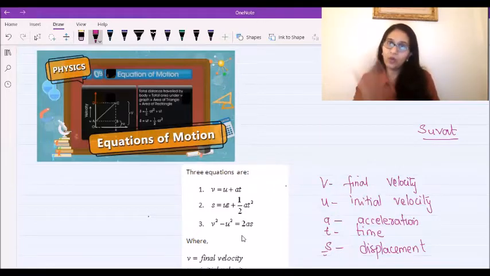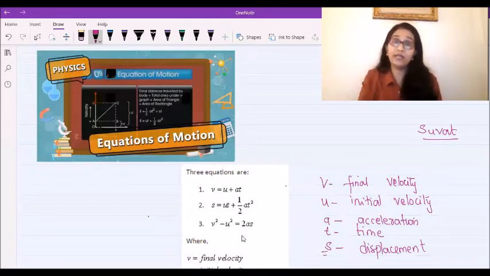We can adopt different methods for deriving these equations. But for grade 9 CBSE textbook, we are using graphs for deriving them. That is why the title of this topic is deriving equations of motion using the graphical method.